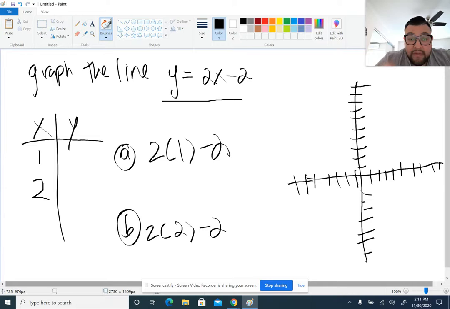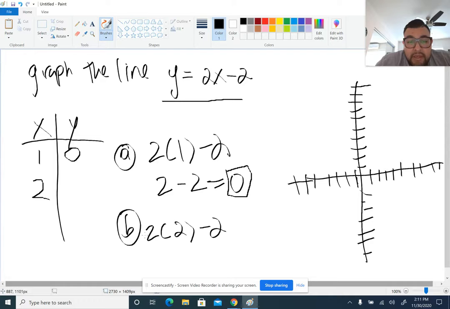So if we do A first, 2 times 1 is 2, and then we have minus 2, and 2 minus 2 is 0. So when I plug in the x value 1 into this equation, I get out a 0. So this 0 is my first y value for when x is 1.